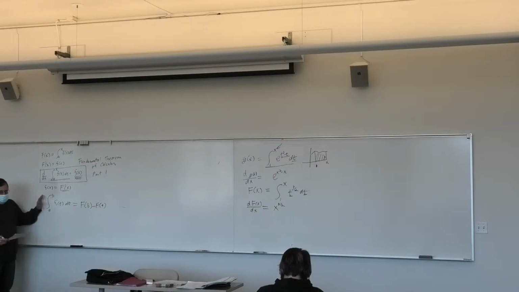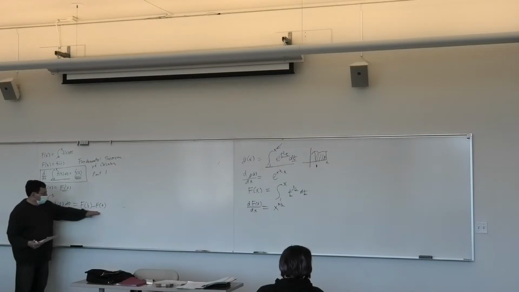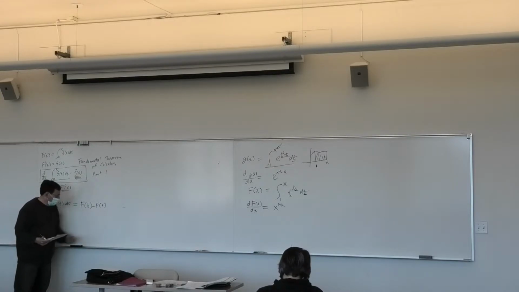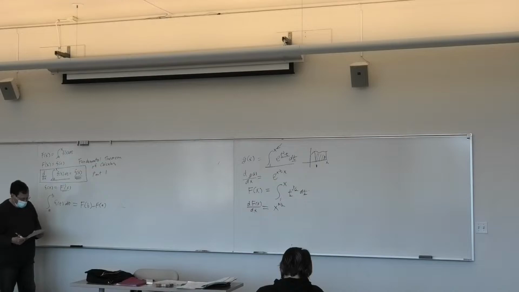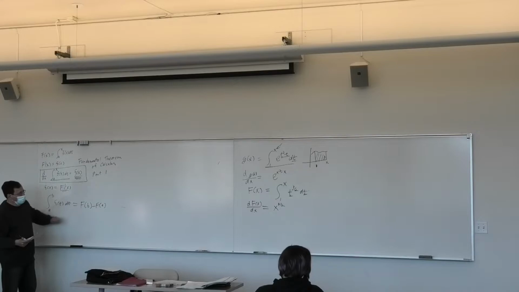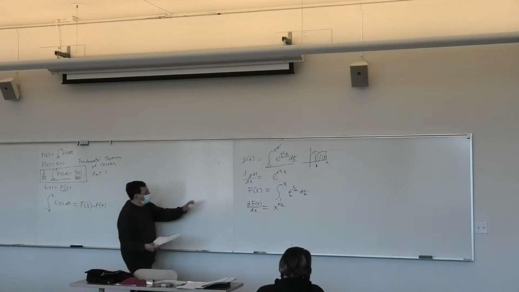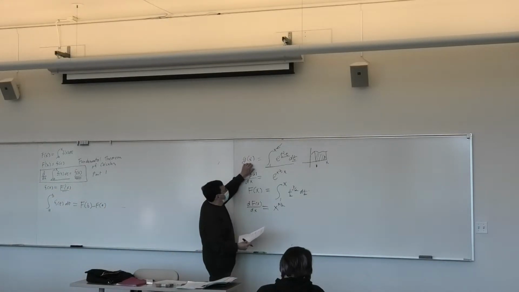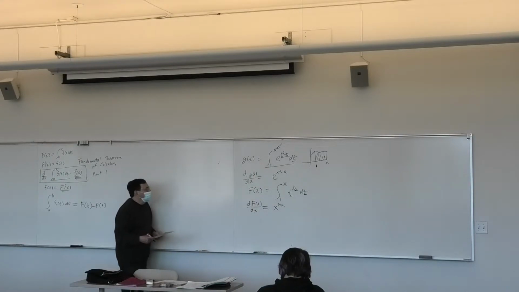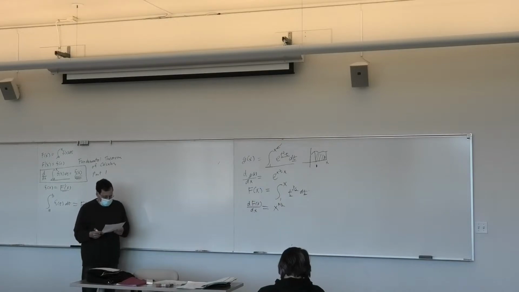This here is a definite integral. It's a number. And how do we evaluate it? We find our antiderivative, and then we evaluate it by the difference in the antiderivative function. This looks the same as what we're doing, but it's not, because we're dealing with functions here. This is an area function. It has an independent variable x. All right.